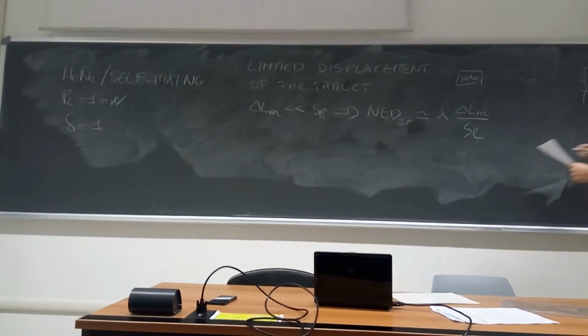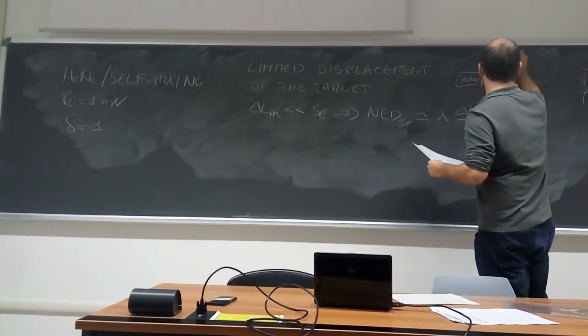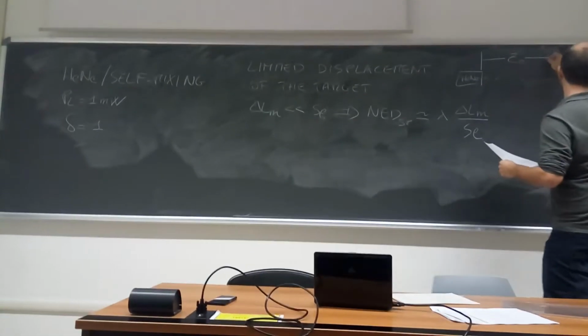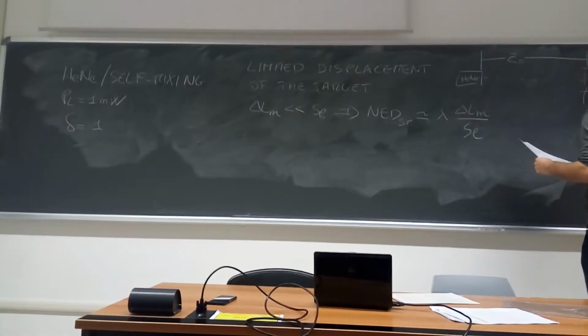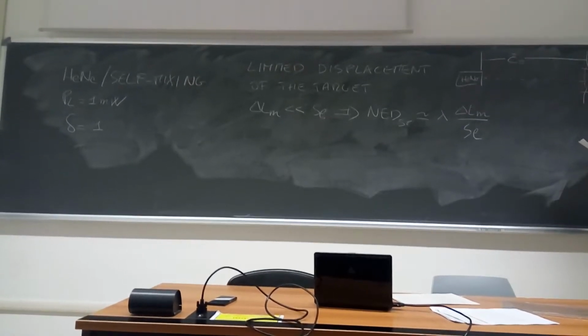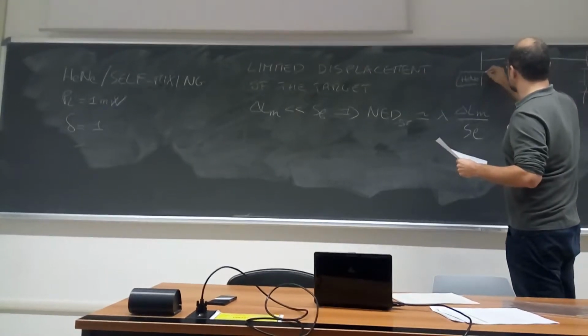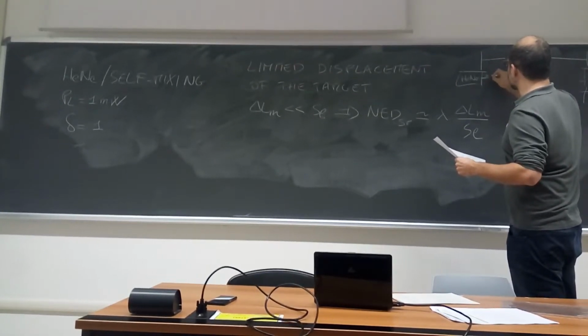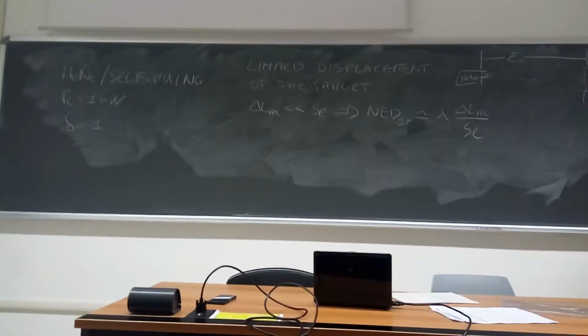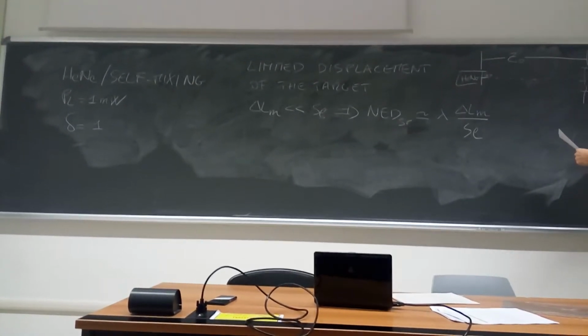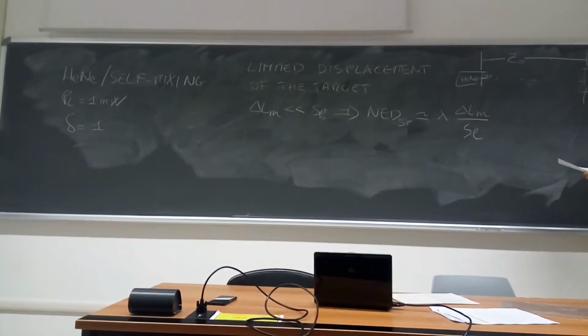If you know that this distance Z0 is equal to 40 centimeters, and if you know that you have a beam waist at the output of the Heine laser of 50 micrometers.